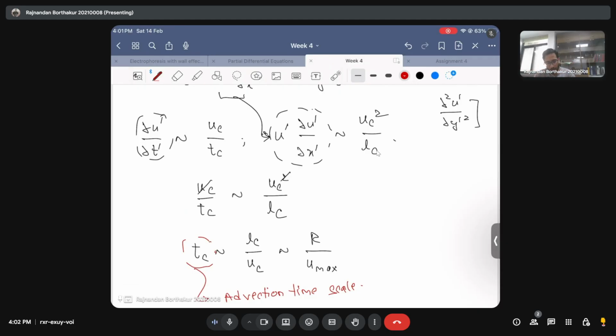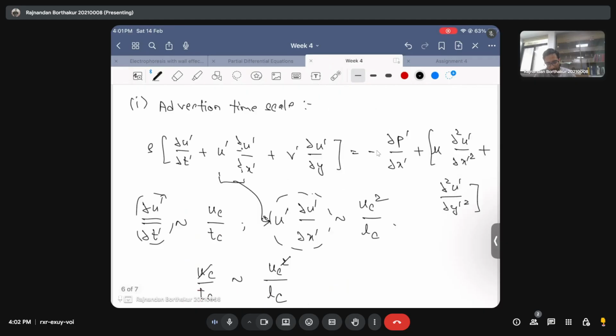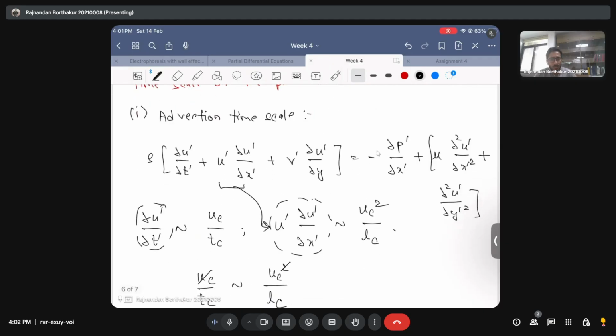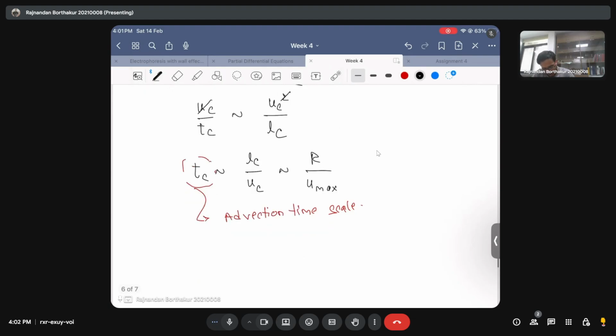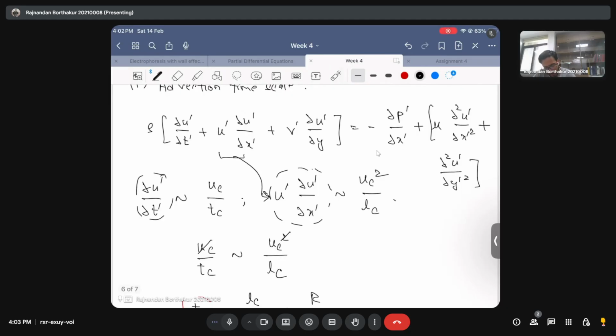In the same spirit, you can also have something known as the diffusion time scale. When you equate the order of magnitude of the temporal term with this particular term, you basically get the diffusion time scale.